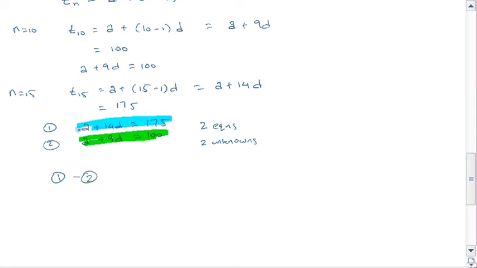And that would hopefully eliminate a, right? So let's try to do that. I'm going to take a plus 14d is equal to 175, and I'm going to now subtract the equation a plus 9d is equal to 100.